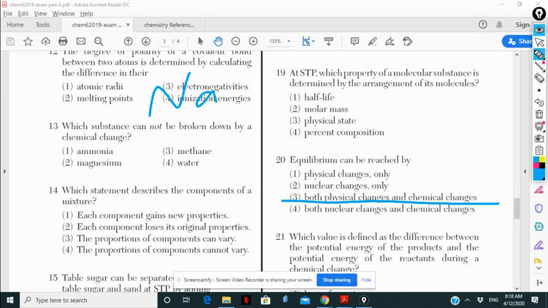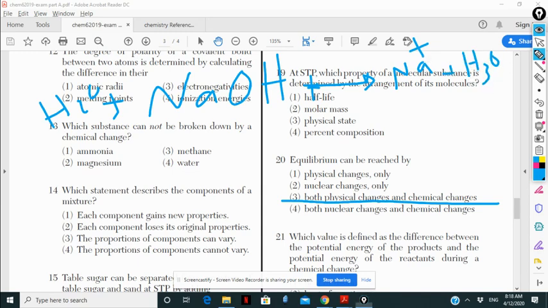Let's take NaOH, which is going to give me Na positive plus water, plus H3O. Sorry.